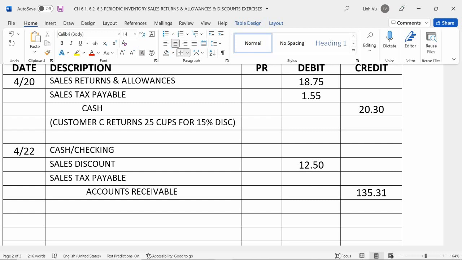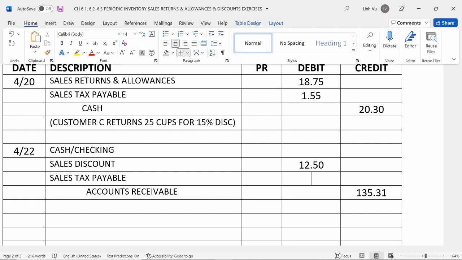Based on the $12.50, it's the sales tax on the discount we are giving them back, right?